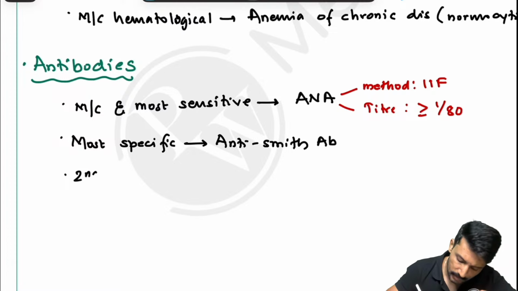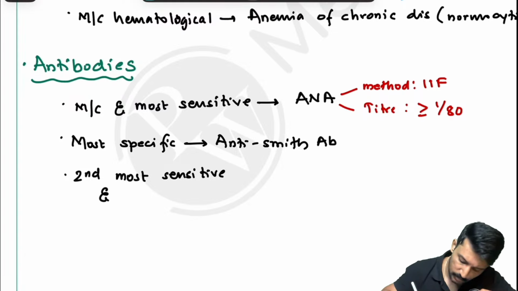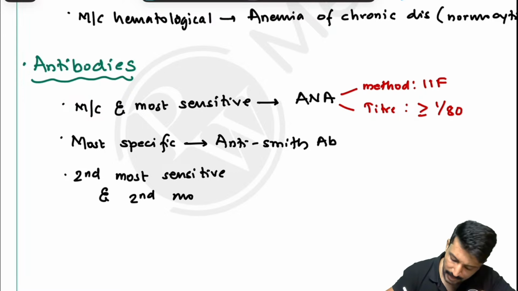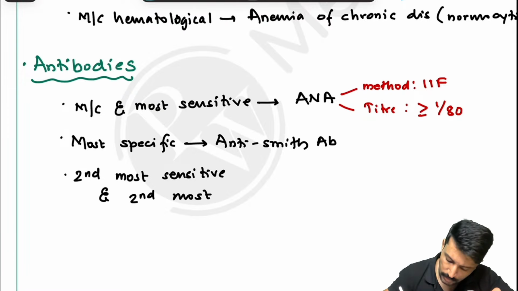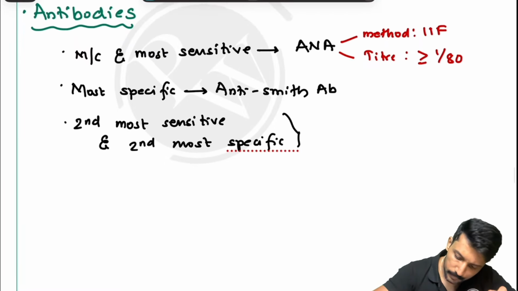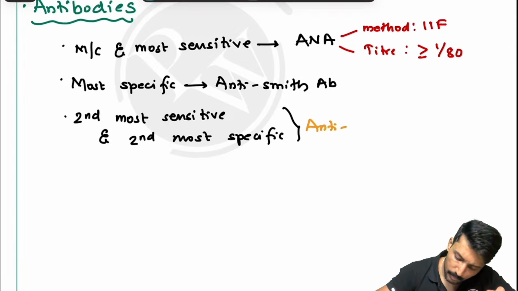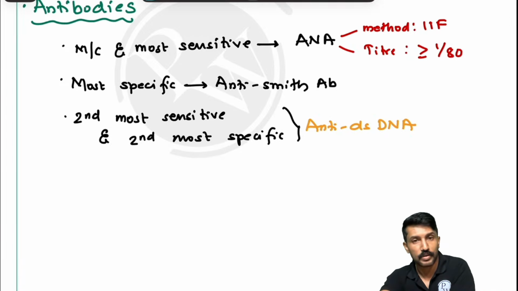Both are the same. That is anti-dsDNA. Anti-double-stranded DNA antibodies are the second most specific, second most sensitive.